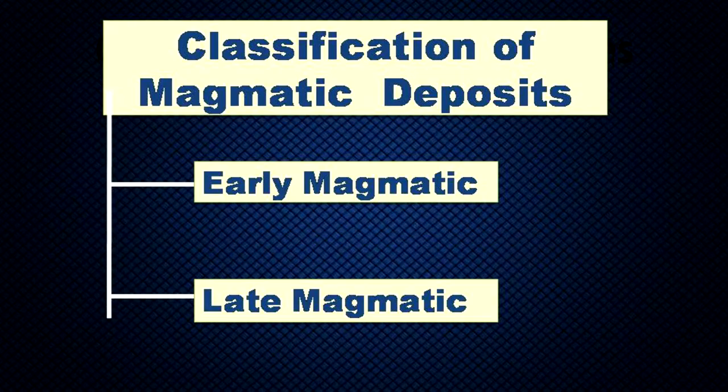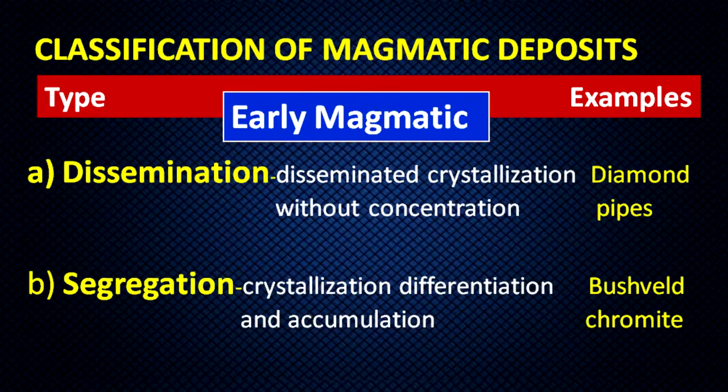Early magmatic and late magmatic are the two major subdivisions. In the case of early magmatic deposits, there are two broad categories. One is dissemination. Whatever minerals crystallized out, most likely accessory, get disseminated throughout the country rock.